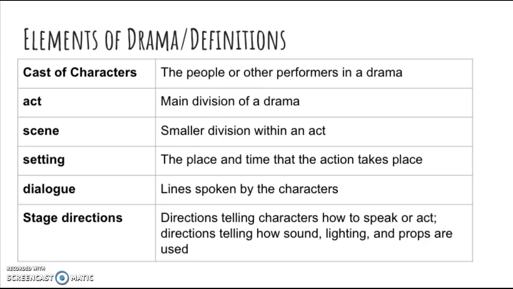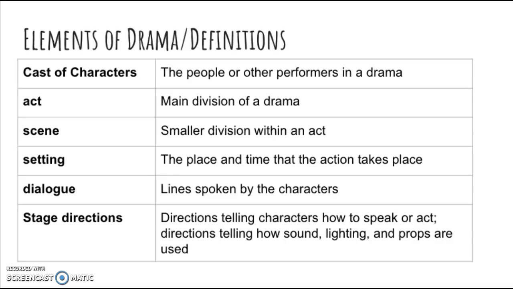Things that are different in a drama compared to other works of fiction. Cast of characters: often in a drama, at the beginning, you will have a list of all the characters that are in the play, so that people know who they're going to be performing. You have acts and scenes, which you can think of as similar to chapters in other works of fiction, but there are important differences. Plays or dramas are divided into acts, which are the biggest divisions, and then acts are divided into scenes, which are smaller divisions.